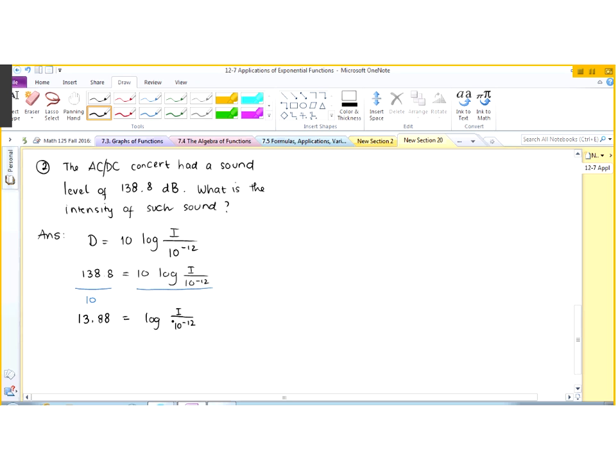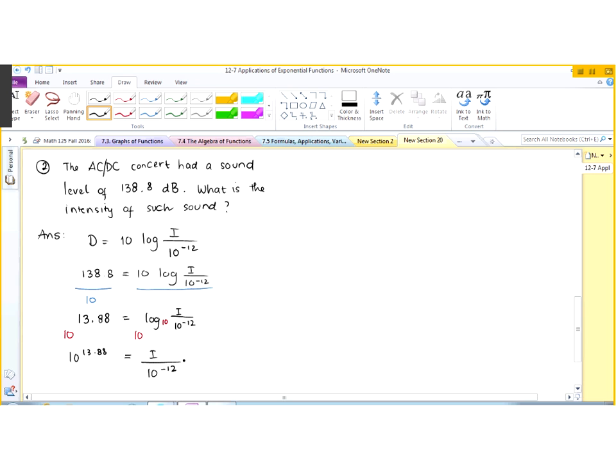How do I cancel the log? Yes. So 10 raised to the 13.88 is equal to 10 raised to the log base 10 of this. What happens here on the right? The log cancels, so I divided by 10 to the negative 12.